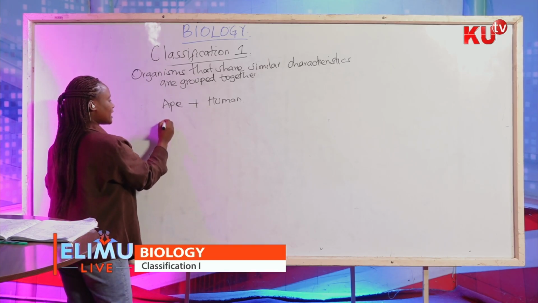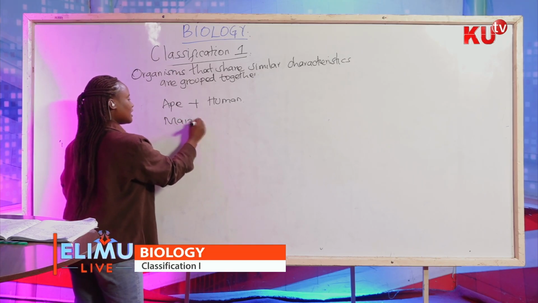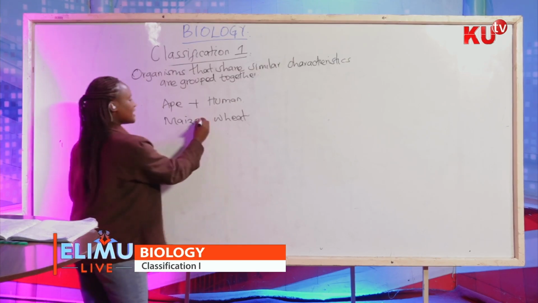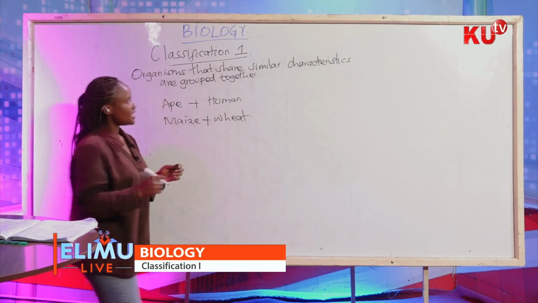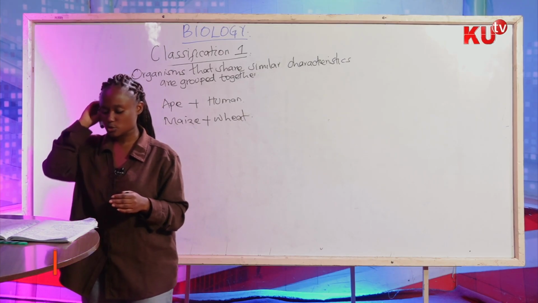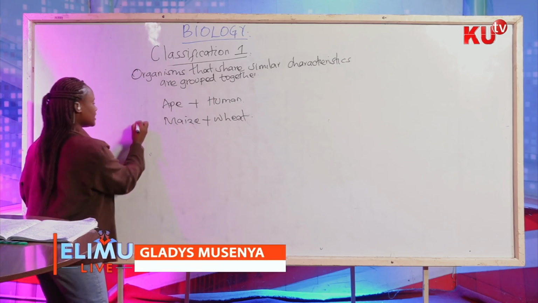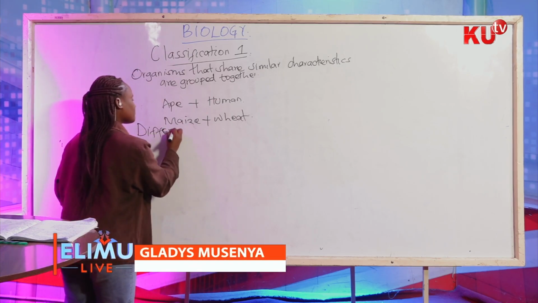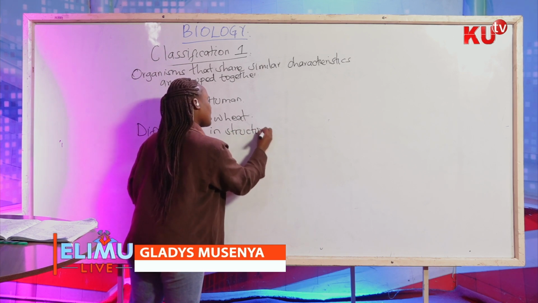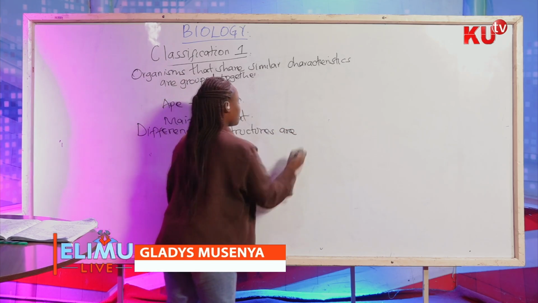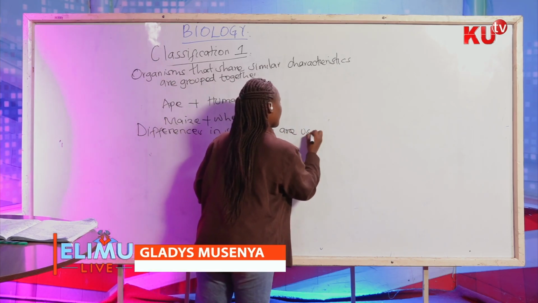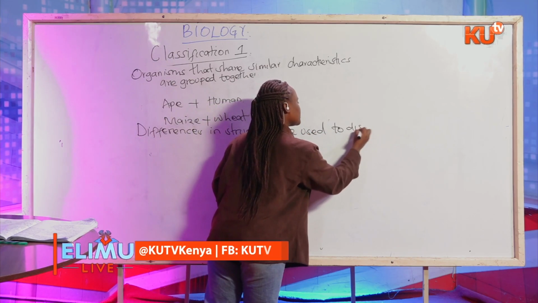If we have maize and wheat sharing the same characteristics as grains, they are put together.